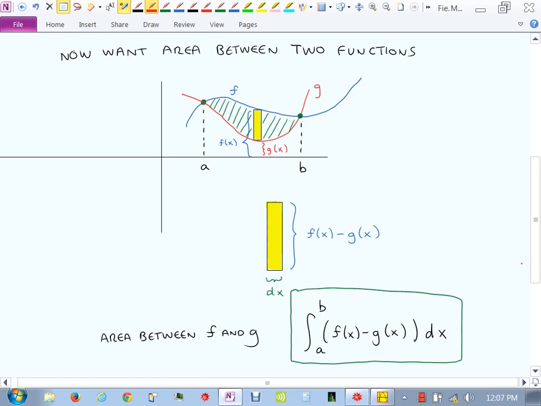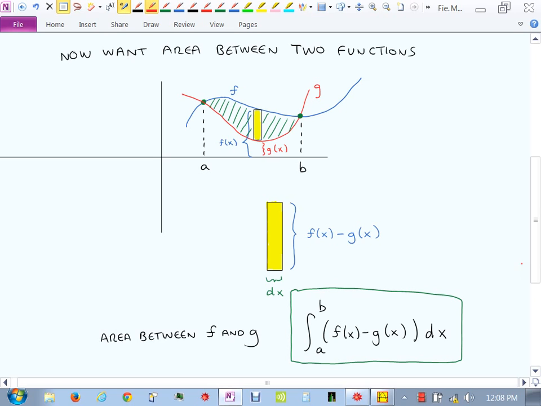It's the one on top minus the one on bottom. That gives you your new height. If you want to know the area of this, don't you just multiply that times this, the f of x minus g of x times dx? Does it make sense that that would be the formula? That is your height times the dx, and the integral sign stays the same.